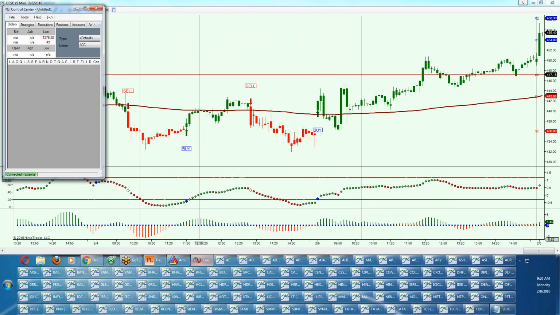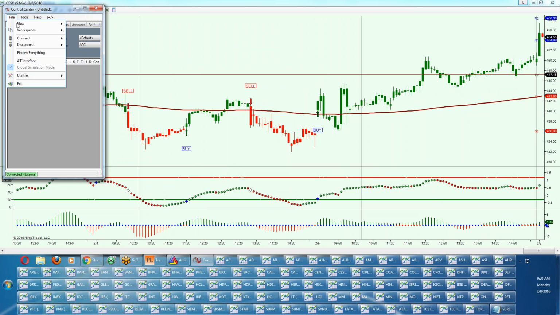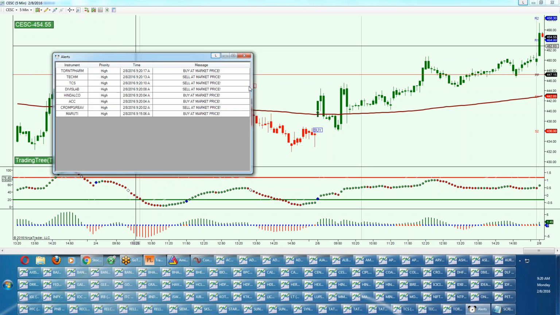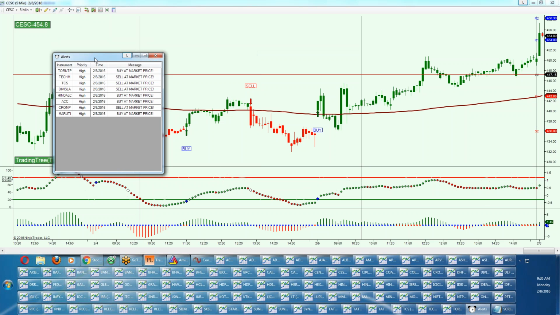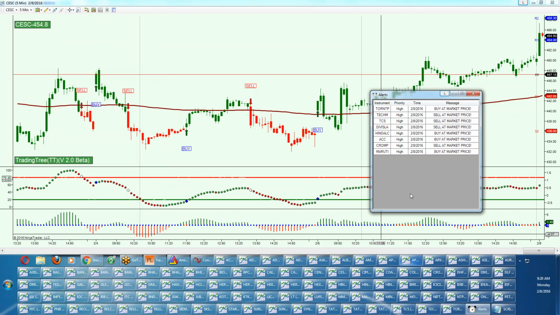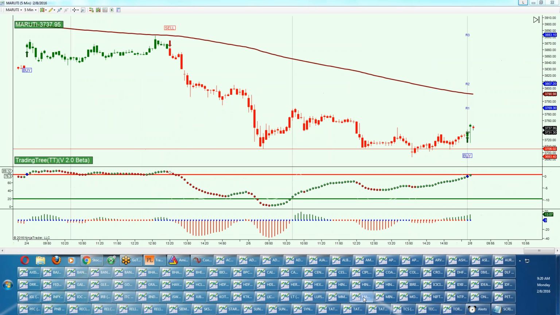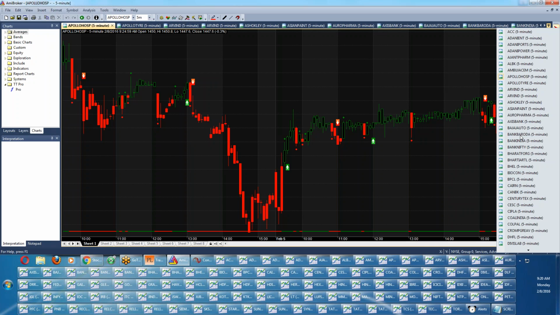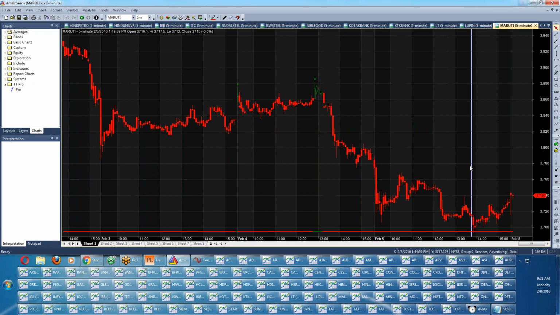All these calls that are generated will be stored here in your alerts box, so you can always come back and check the calls that were generated. Now let me go to Maruti and compare here. We'll still wait.